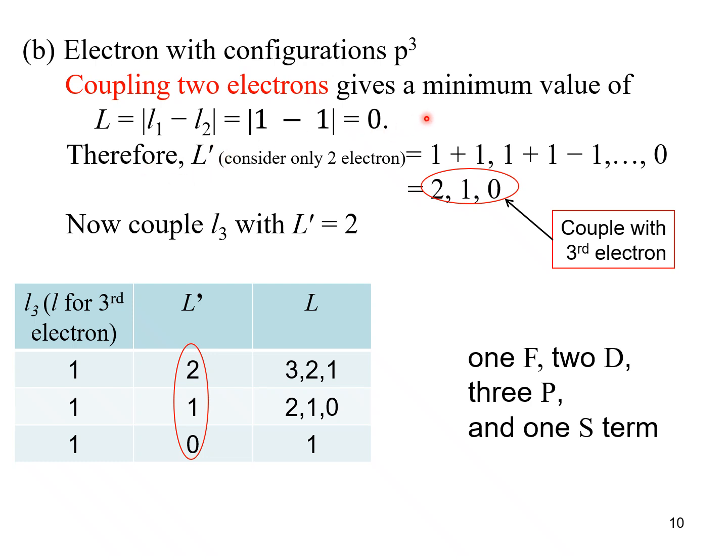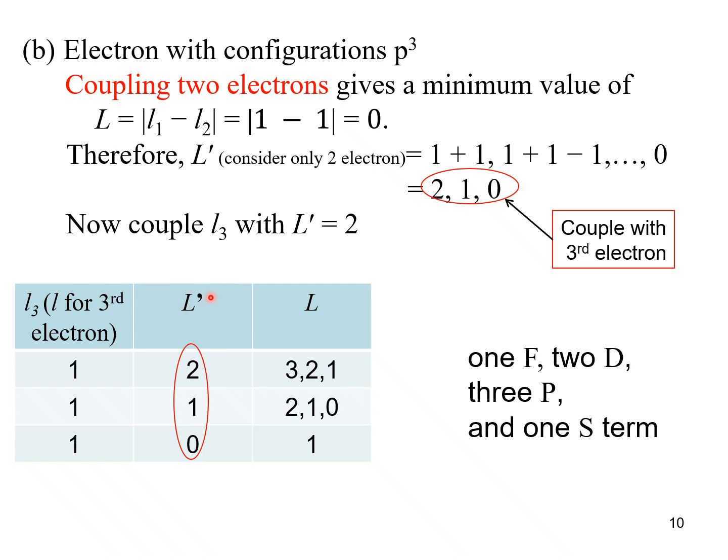Therefore, L prime considering only two electrons is 1 plus 1, which is 2, down to 1 minus 1, which is 0. So we get the range for two electrons in the p orbital: 2, 1, 0. Because the minimum value is 0 and the maximum value is 2, in between we have only one value, which is 1. Then we get 2, 1, 0, which is L prime, resulting from the coupling between two electrons.